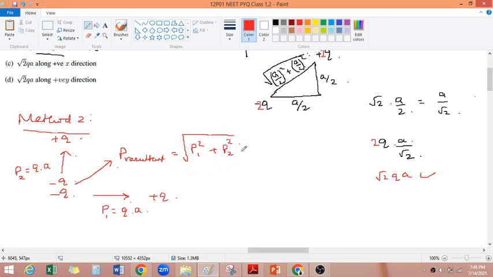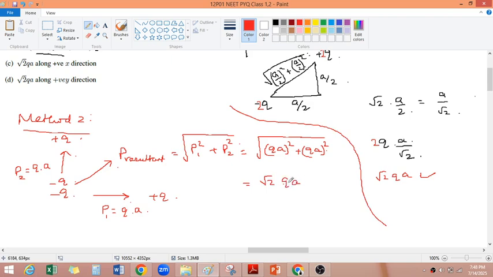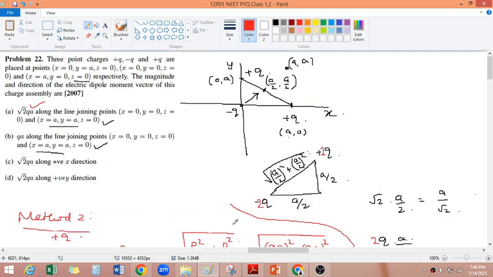So I can write this as square root of QA the whole square plus QA the whole square, which means it will be root 2 into QA. That's what we got here also. So always it's better to learn more than one method.